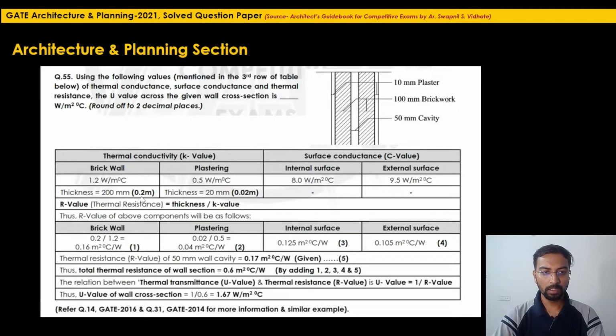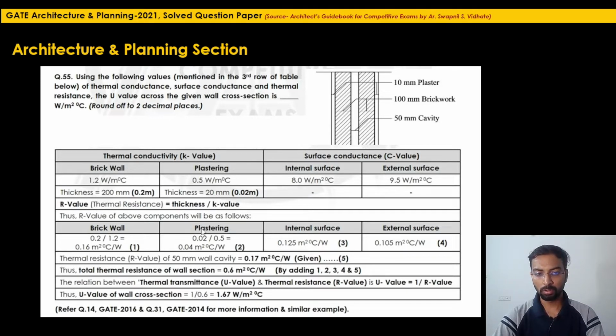As I said earlier, the definitions related to these terms were asked earlier in GATE 2016. In question 14, the definitions along with their formulas have been mentioned, and a similar example was asked earlier in GATE 2014 in question 31.